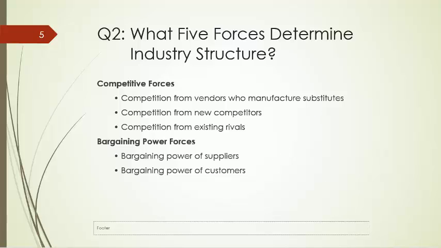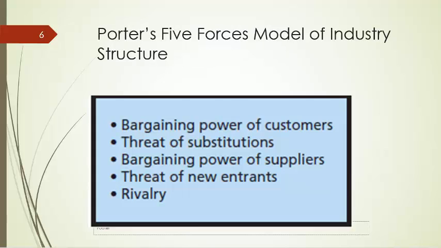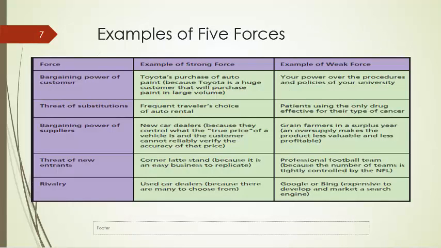So here's a larger graphic view of Porter's Five Forces model for looking at that industry structure and how that might impact it. Here's a table also describing those forces. So hopefully I did a good job of helping you understand the bargaining power of customers.